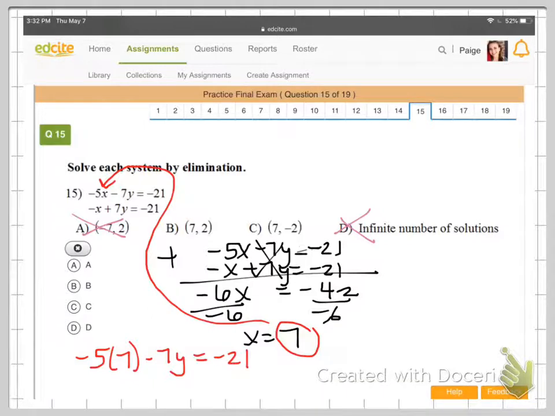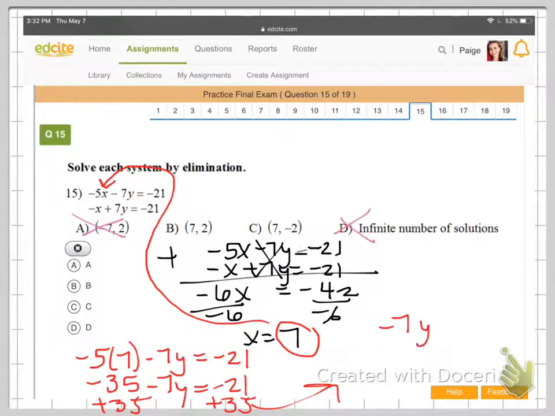So negative 5 times 7 gets me negative 35 minus 7y equals negative 21. Let's add that 35 over. We're running out of room here. I'm going to pop it over here. So I got negative 7y, and then negative 21 plus 35 gets me 14. And then we'll divide by negative 7, which gets me negative 2.